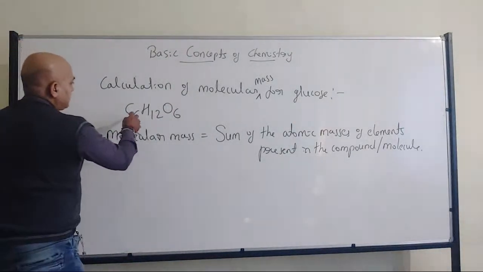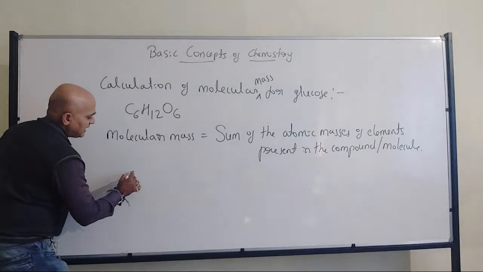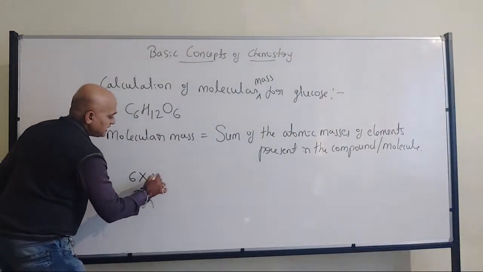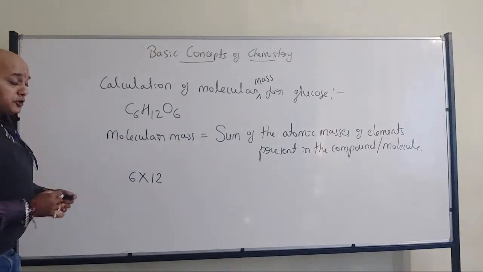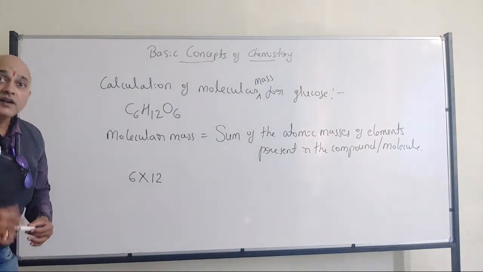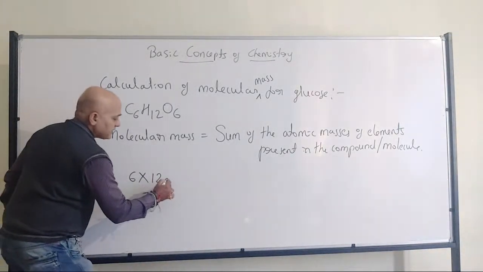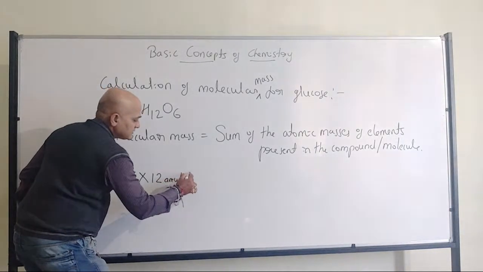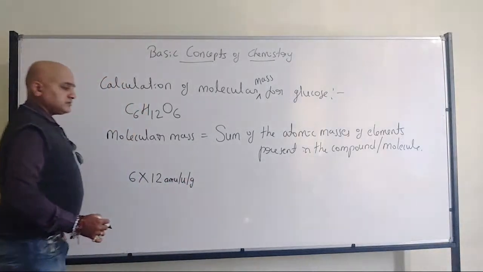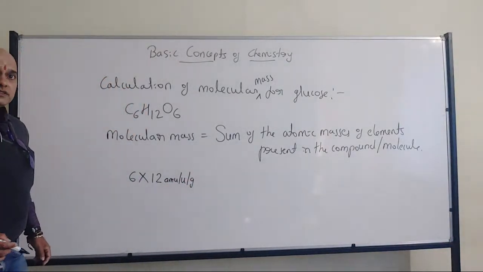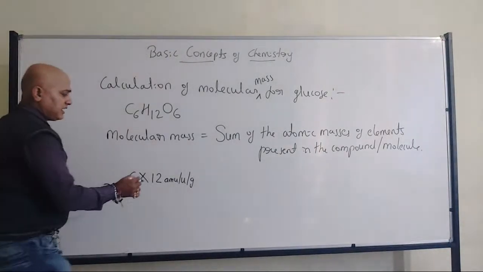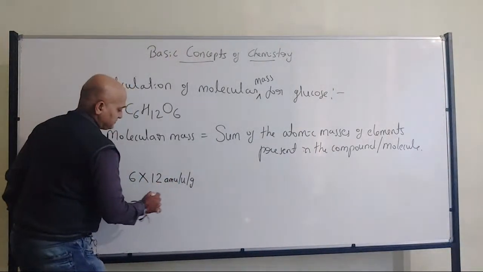Right? So in that case, how many carbons are there? 6 carbon. Each carbon will have 12 atomic mass unit, or I will write it, atomic mass unit or unified mass or gram. Okay. So you can mention any one of these 3. I have taken all the 3 to make you understand.